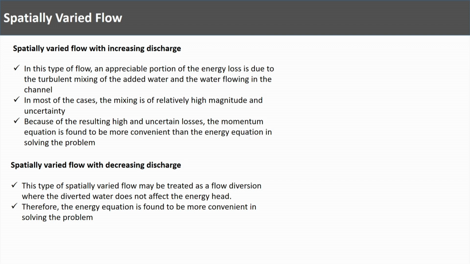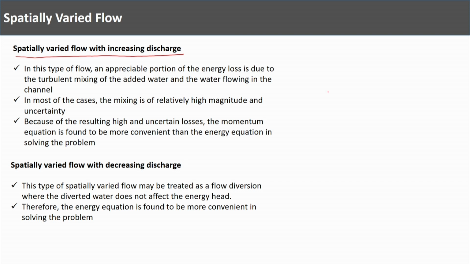In the first case, spatially varied flow with increasing discharge, an appreciable portion of the energy loss is due to the turbulent mixing of the added water and the water flowing in the channel.